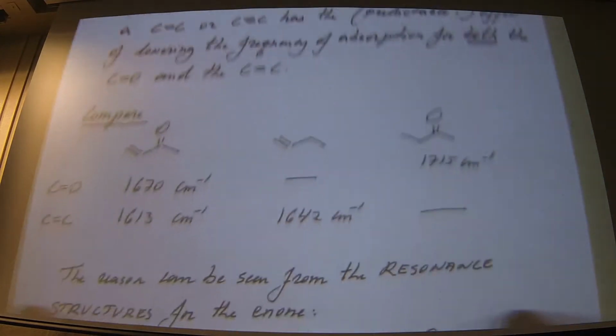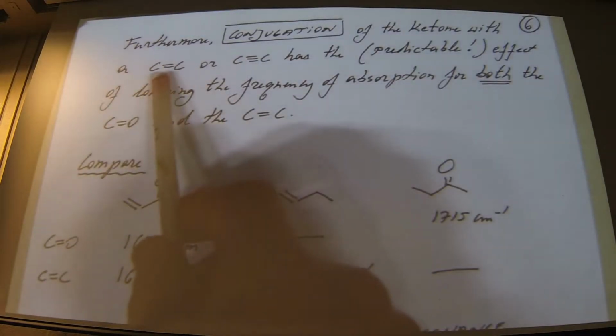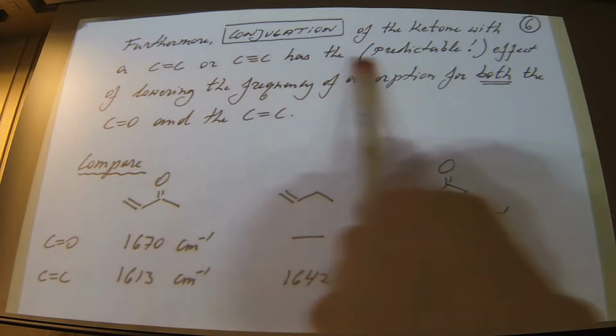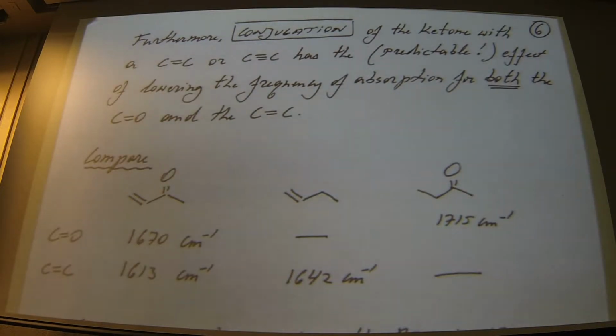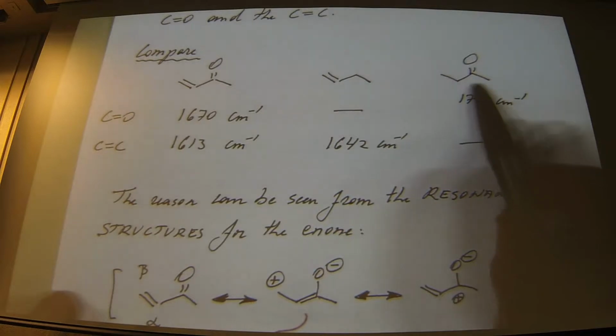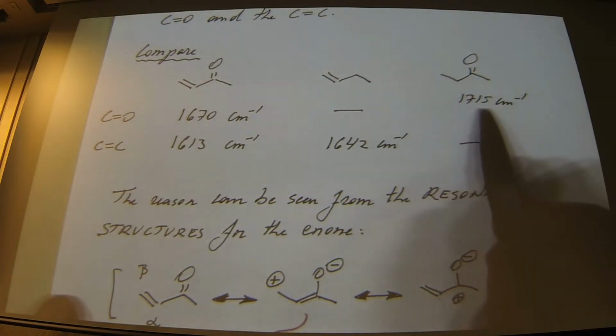Now, take it the other direction, where you have a conjugated carbonyl, where you have a carbon-oxygen double bond that is now conjugated to another pi bond. And so conjugation can be either to a CC double bond, triple bond, or a phenyl ring. That has a predictable effect of lowering the frequency of the stretch. And so here you can see, if it's not conjugated, this is a normal ketone frequency, 1710, 1715.